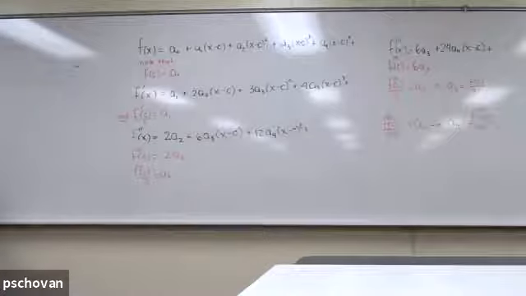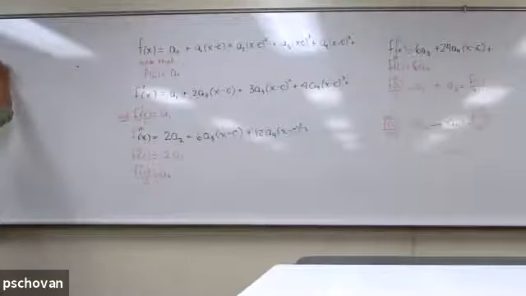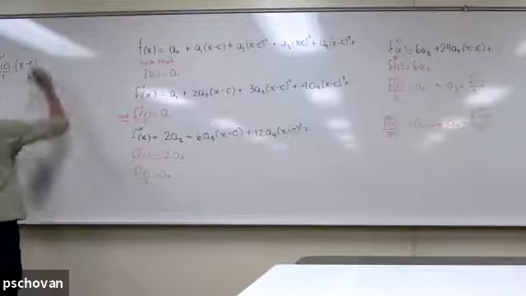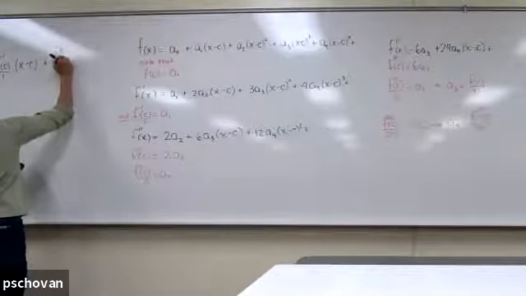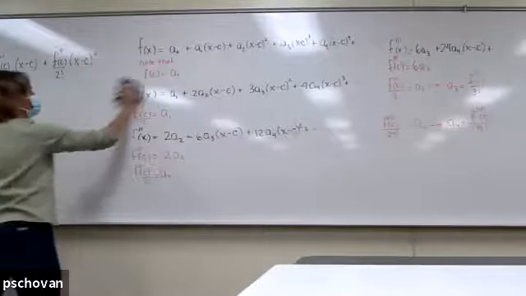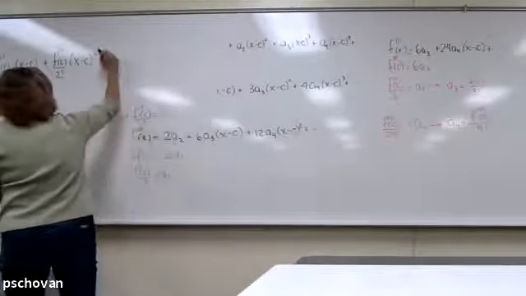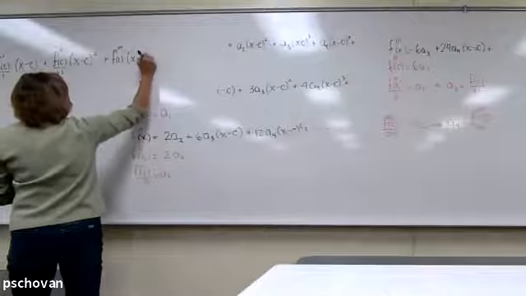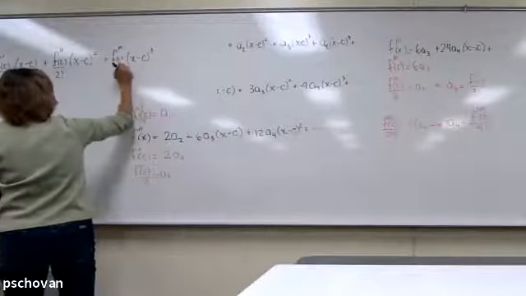So we can write that f of x is equal to f of c plus f prime at c divided by 1 factorial times x minus c to the first power, plus f double prime at c over 2 factorial times x minus c squared, plus the third derivative of f at c over 3 factorial times x minus c cubed.